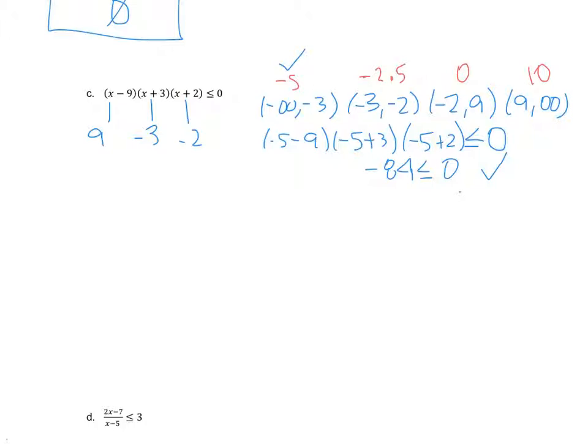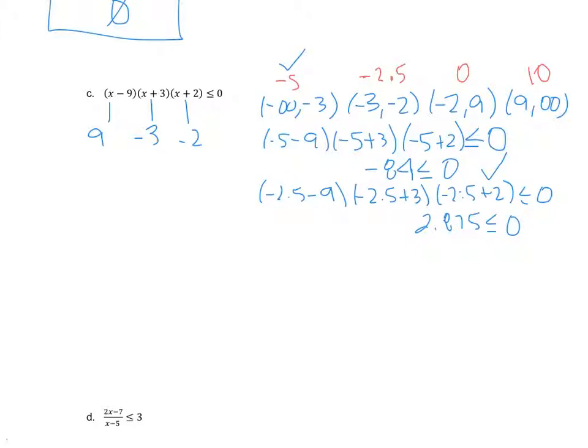Okay, so then the next one, negative 2.5 minus 9 times negative 2.5 plus 3 times negative 2.5 plus 2 is less than or equal to 0. And when I calculate that all out, I get 2.875 is less than or equal to 0.